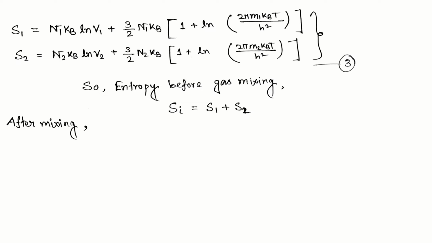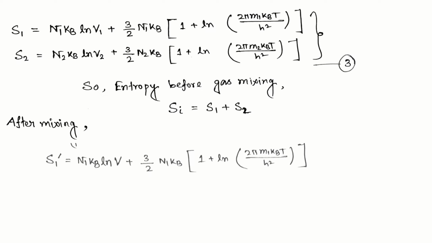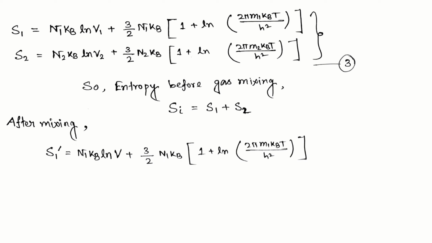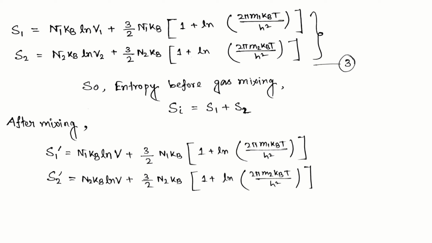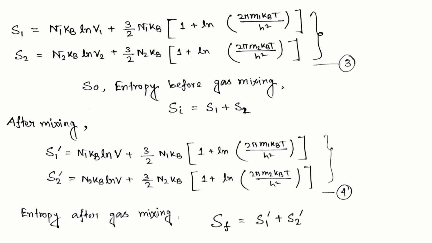Now we are calculating after gas mixing. So we are denoting this S1 prime and S2 prime. So entropy after gas mixing will be S final, this is S1 prime plus S2 prime. Now change in entropy we can calculate by just subtracting them, S_F minus S_I.